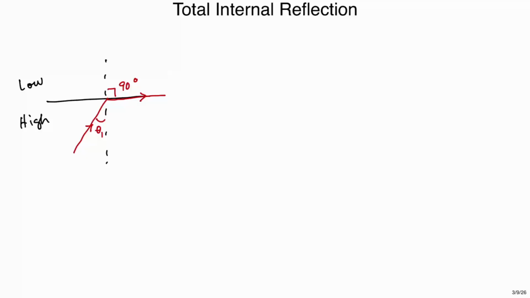And any angle above a very special angle called the critical angle, theta sub c, means that the light will be completely reflected in the material.